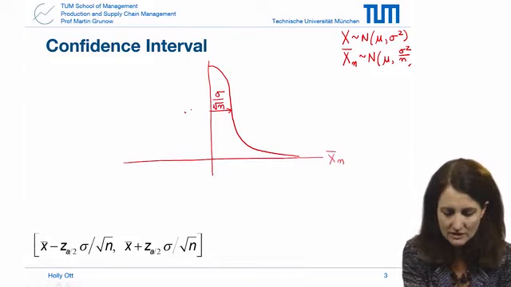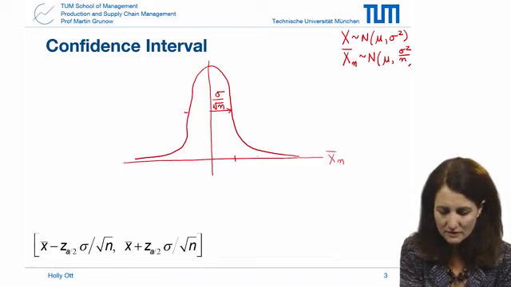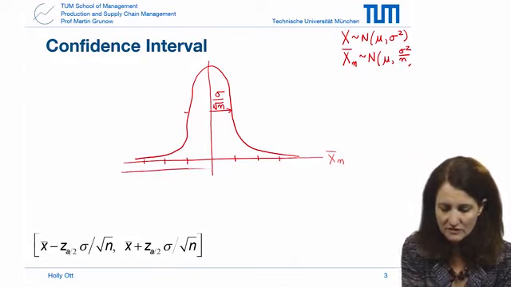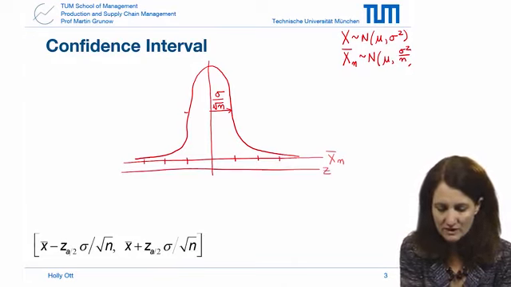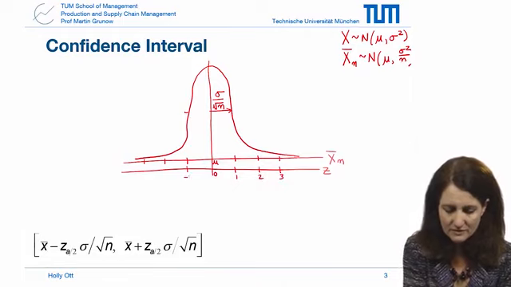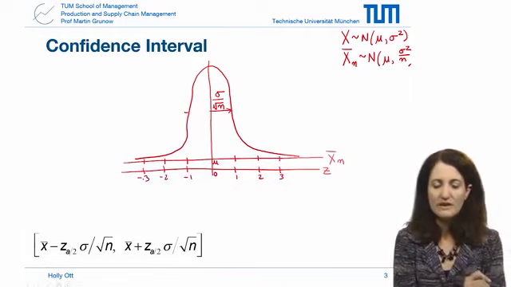I try to draw this as accurately as I can. I can draw out the number of standard deviations, and of course we've done a lot of this now. We can translate this into our z values.